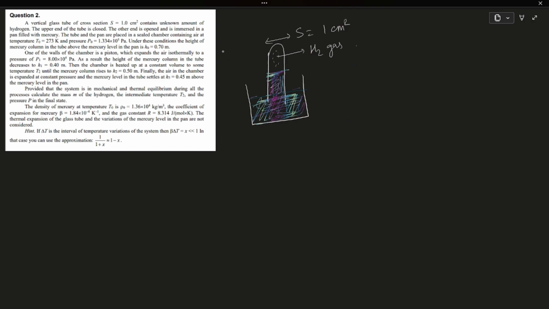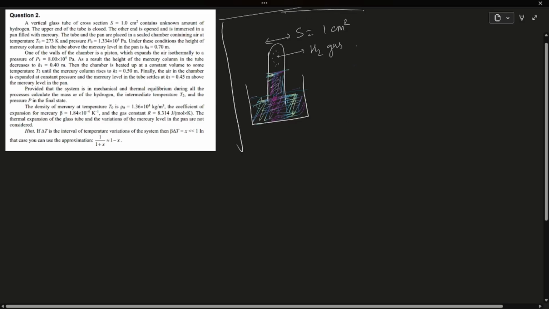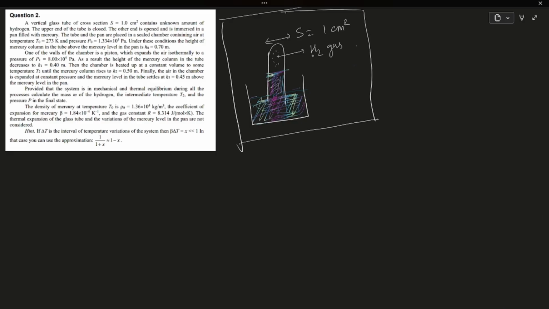The tube and the pan are there in a chamber. This setup is inside a chamber. This chamber is sealed, okay. The temperature T0 equal to 273 Kelvin and P0 equal to 1.334 into 10 to the power 5 Pascal.